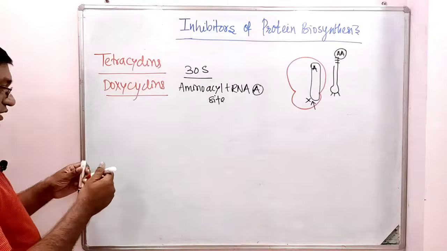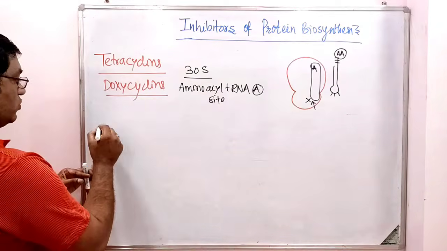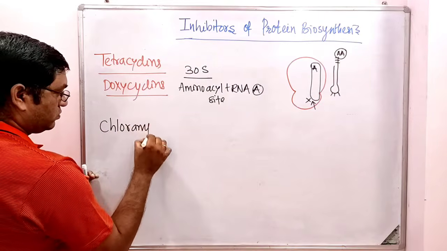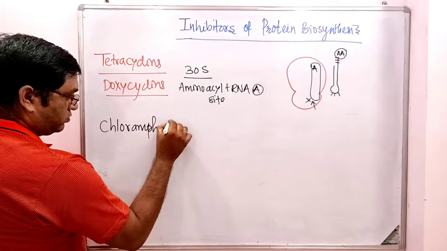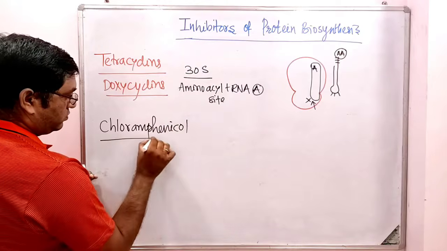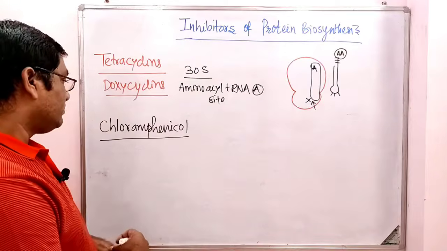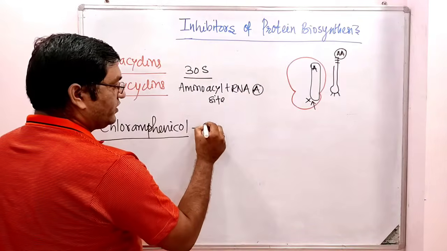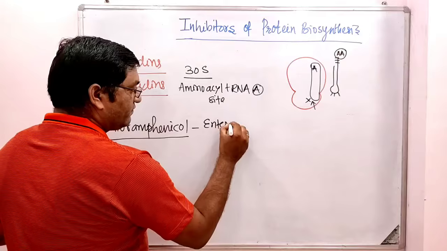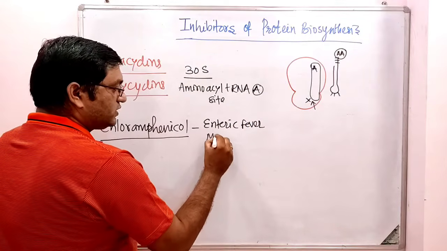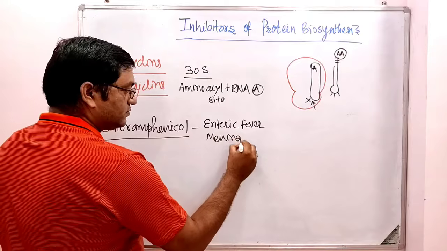Second important is chloramphenicol. It is an antibiotic which is used in the treatment of enteric fever or typhoid fever, and also used in cases of meningitis.